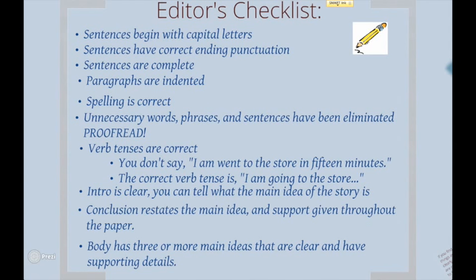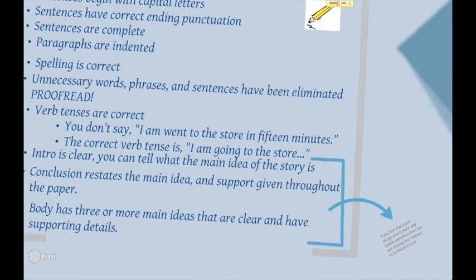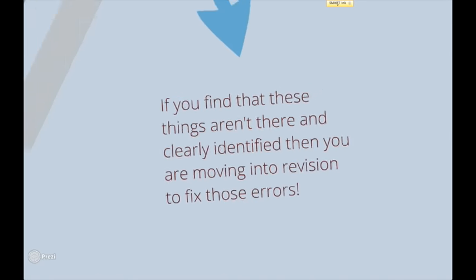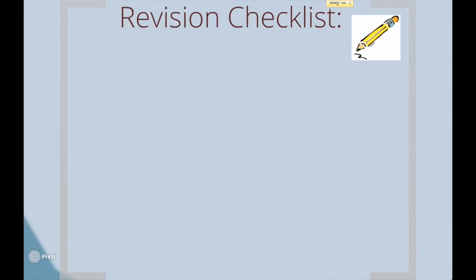You should be able to really quickly see that basic organization. Now, if these things aren't there or you need to fix them, then you're moving into revision. Right? If you can't find these things or they aren't clearly identified, then you're moving into revision to fix those errors.